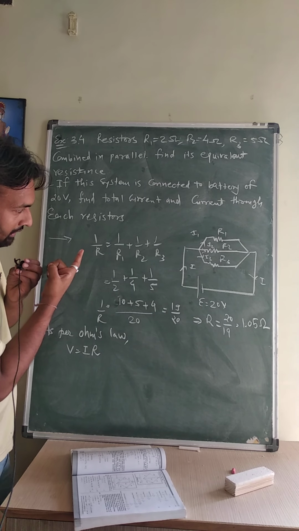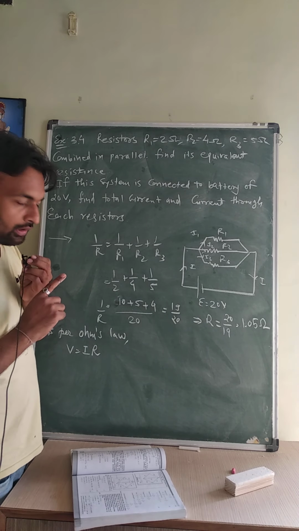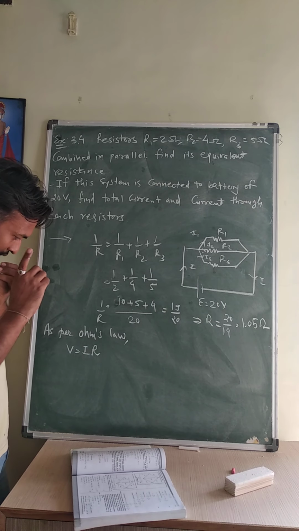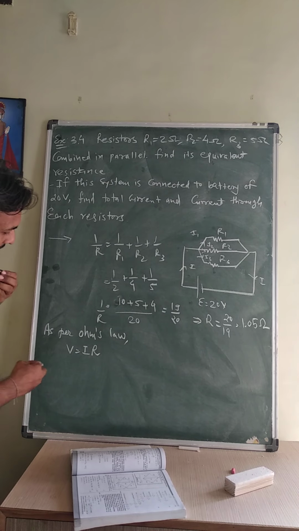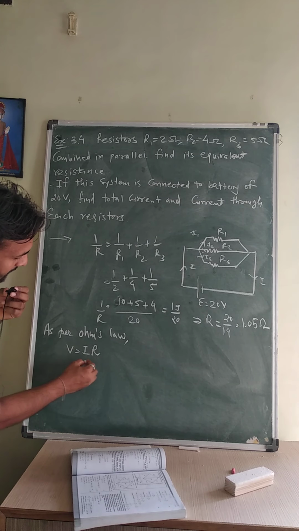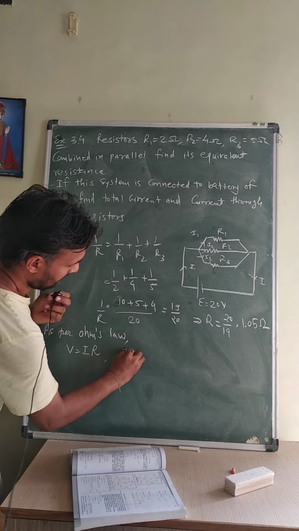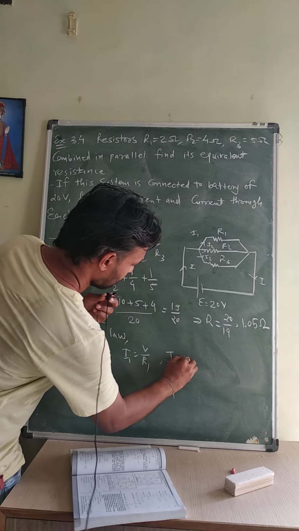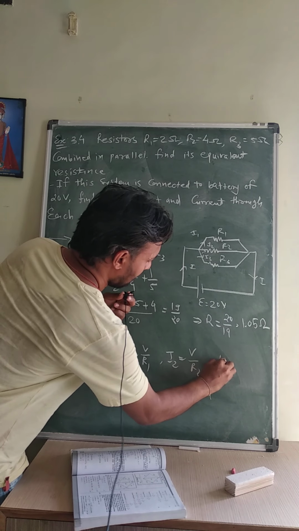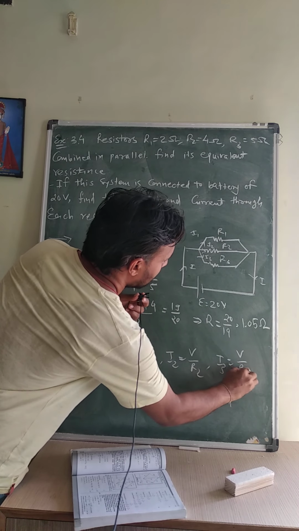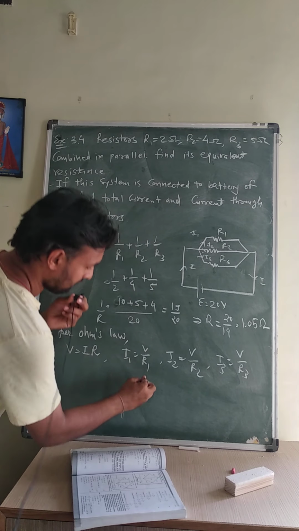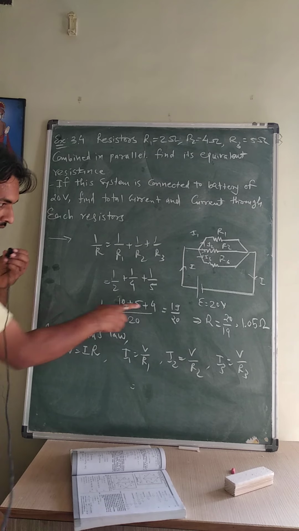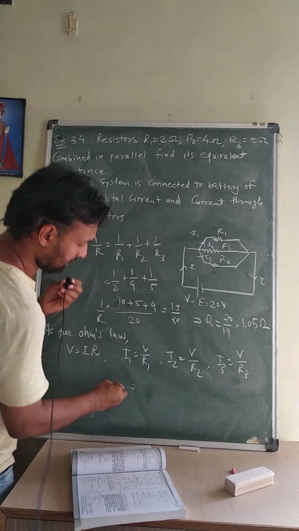In a parallel combination the potential difference is the same. So I1 is equal to V upon R1, I2 is equal to V upon R2 and I3 is equal to V upon R3. V is the EMF of the battery, that is 20 volt.